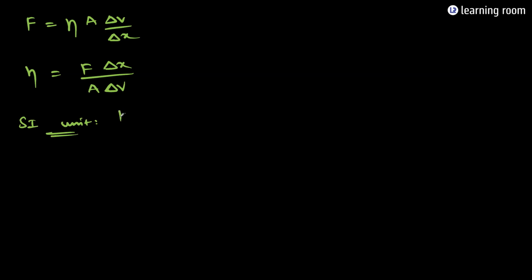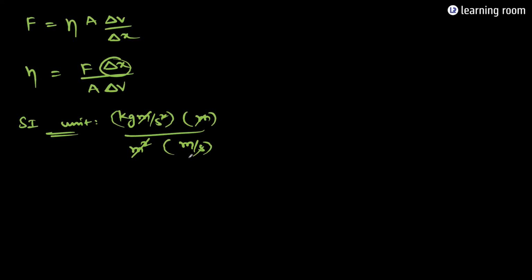It is going to be Newton, that is kilogram meter per second square, into delta X, which is measured in meter, divided by the area, which is measured in meter square, and delta V, which is measured in meter per second. So one meter gets cancelled. It will be kilogram meter inverse second inverse. So this is going to be the SI unit for the coefficient of viscosity.